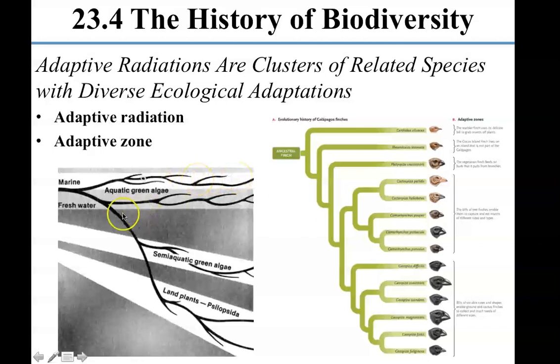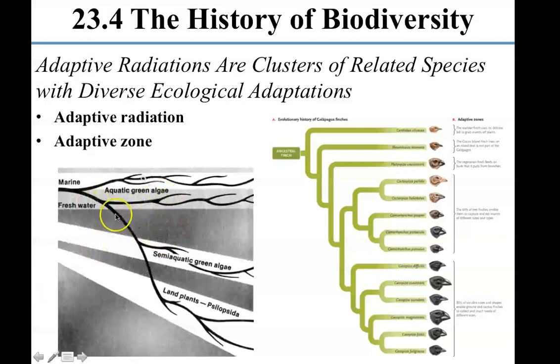These are green algae. And then some of these are able to move into fresh water, and we see some speciation going on. And then we see some that are able to move to a new adaptive zone, and this is the semi-aquatic zone. So these are able to live maybe on the edge of a river or the edge of a lake or pond.